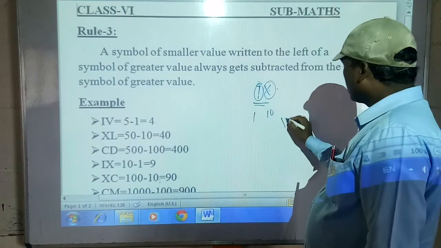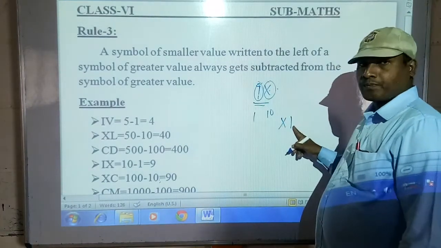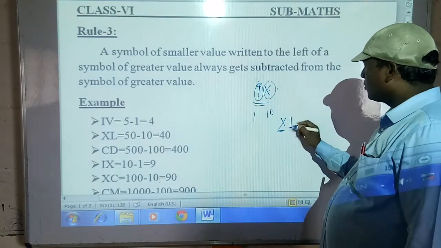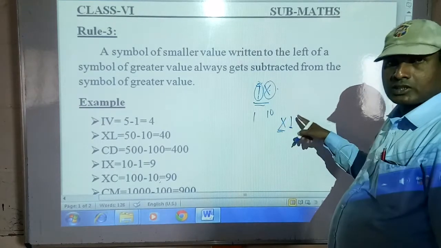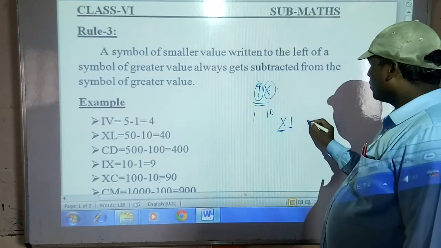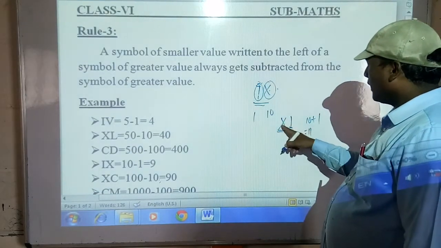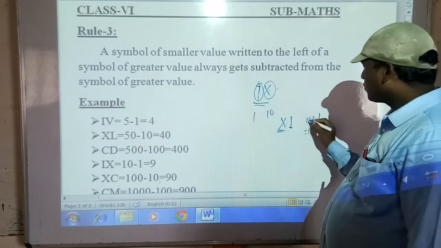For XI, X is the greater value and I is the smaller value on the right, so 10 plus 1 is equal to 11.